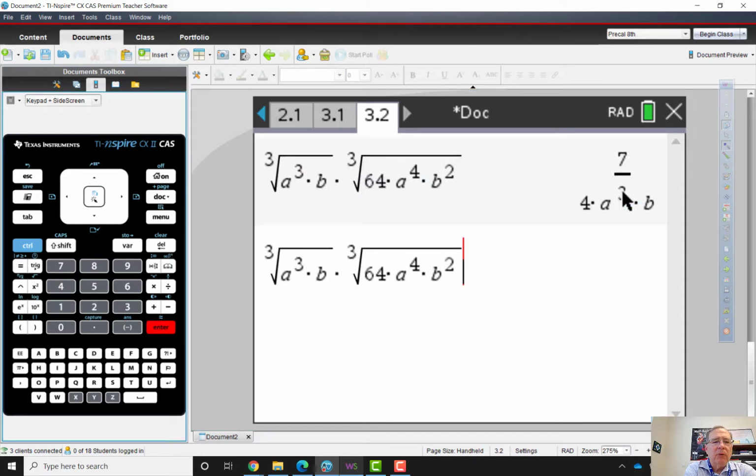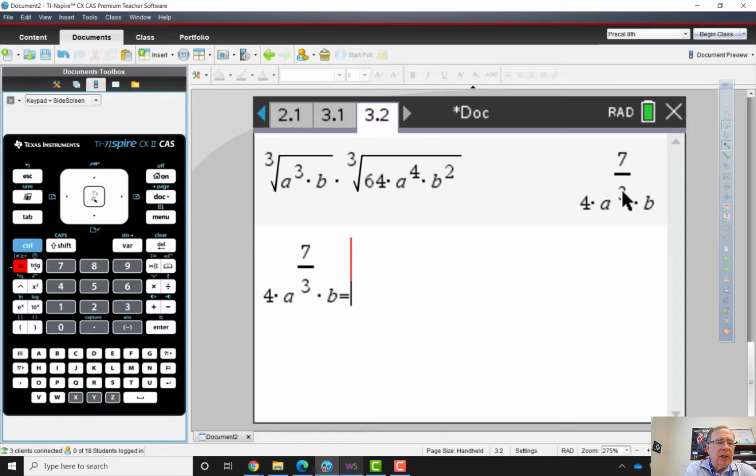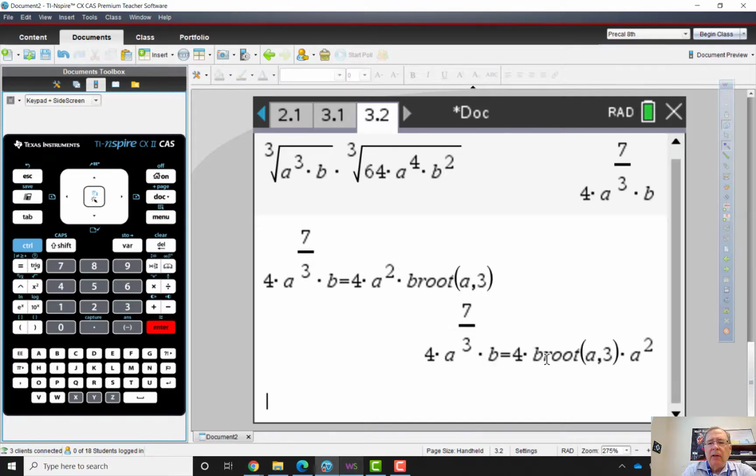And if we go grab this answer, do equals, and we say 4a squared b, and we don't put in the times sign, and we assume that the calculator would take this as implied multiplication, we kind of get this bizarre expression here, 4b root a comma 3 times a squared, and I think it's assuming that b is an expression or something.